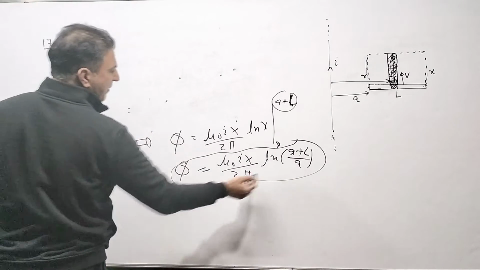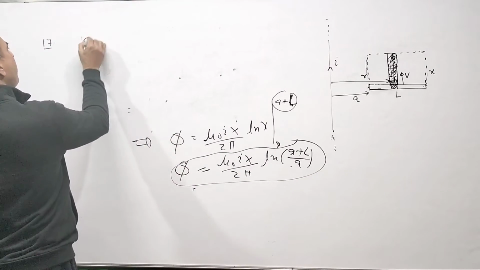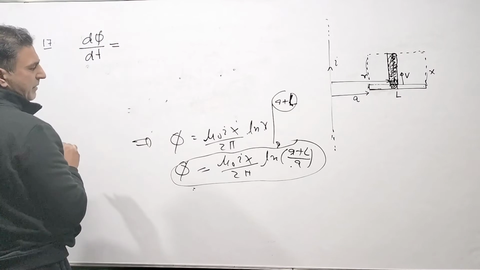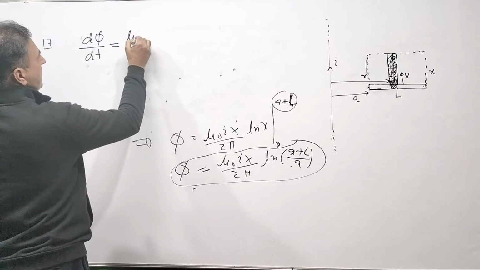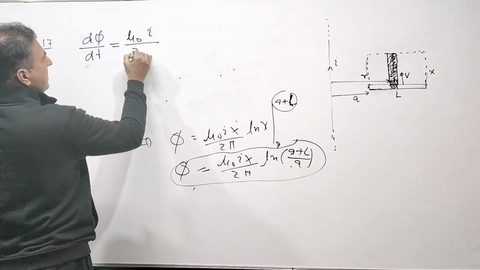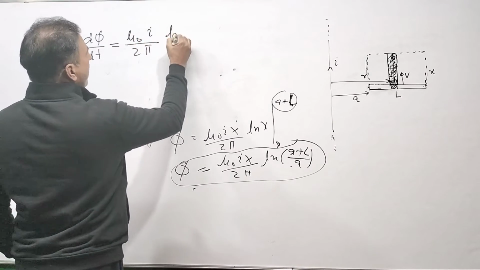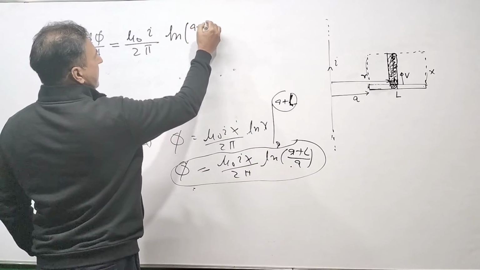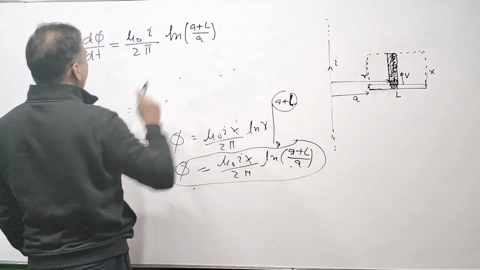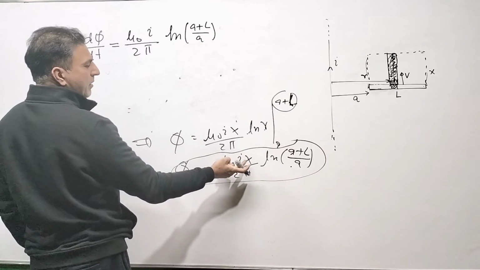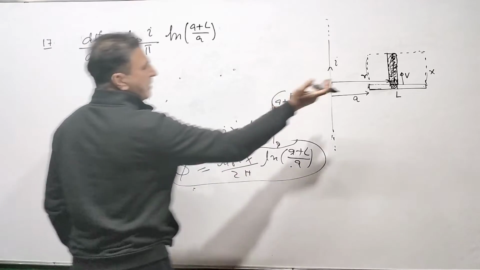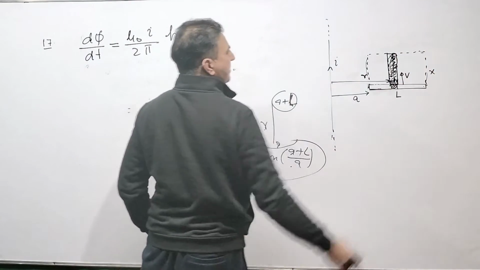Now differentiating this equation, it is d phi by dt equals, okay, mu 0 is constant, I is constant, 2 pi is constant, ln of A plus L by A is constant. The only variable parameter is x, because when the rod goes up, this x changes.